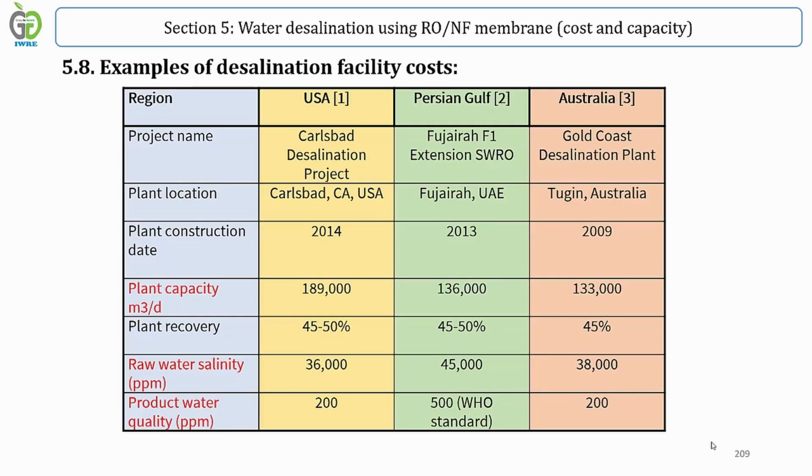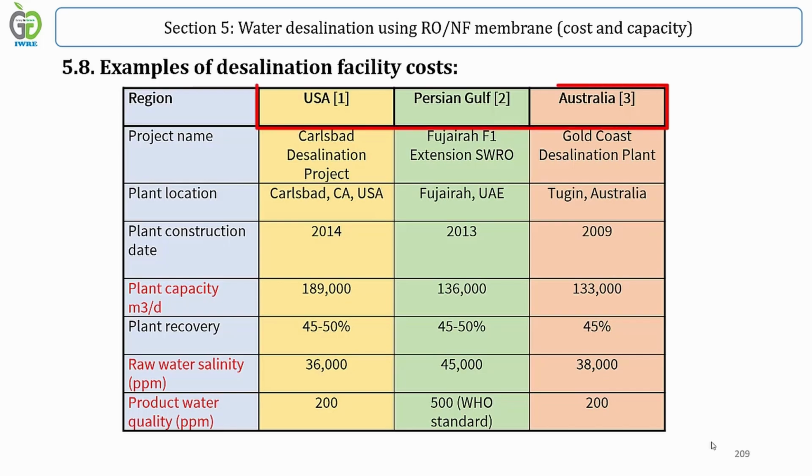These differences can make a large plant built in one region of the world more expensive than a smaller plant built in another region of the world, and result in significant differences in operation and maintenance costs. This is illustrated by the projects shown in this table.